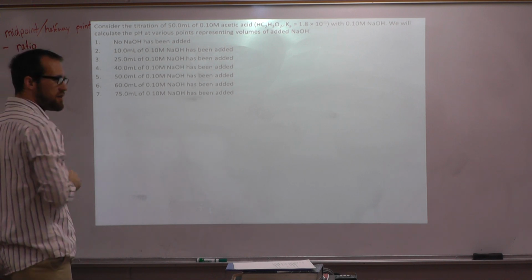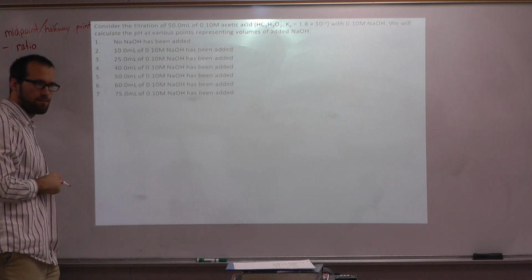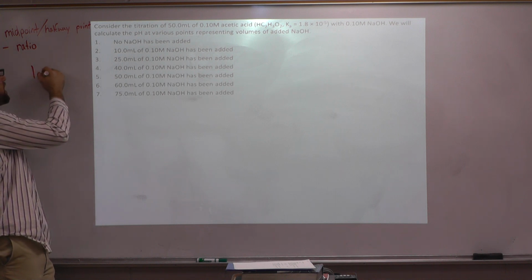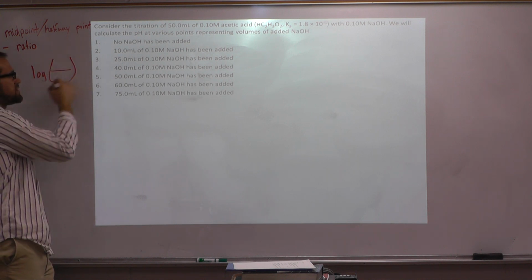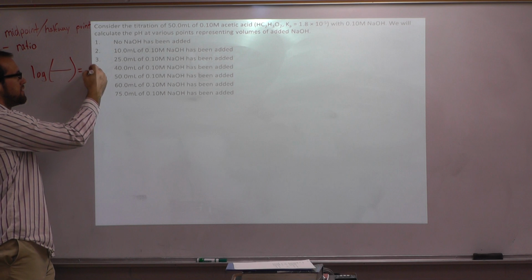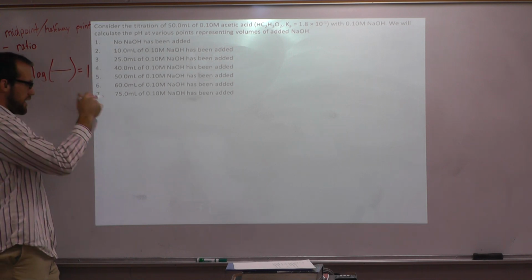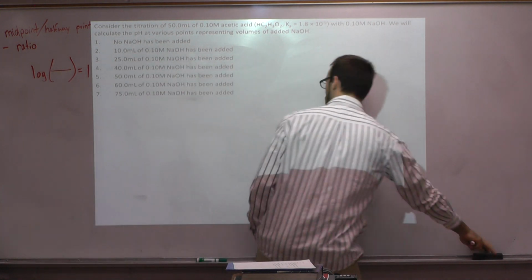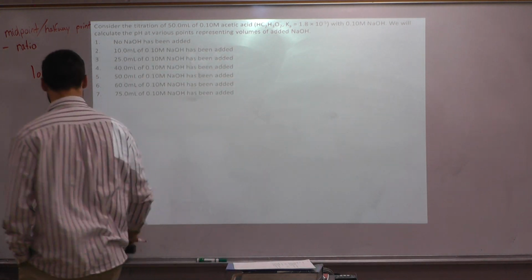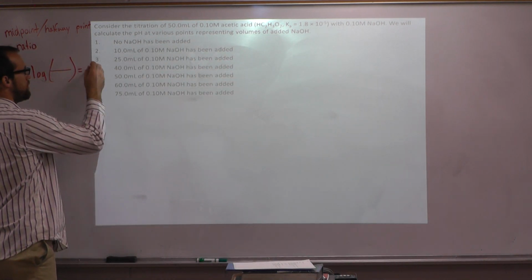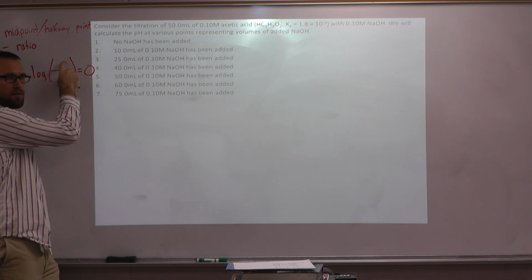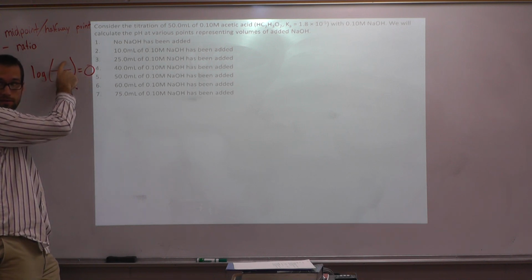So when you're doing the Henderson-Hasselbalch equation, your log of your base over your acid equals 0, I guess I should say, because your ratio is 1. Log of 1 is 0.